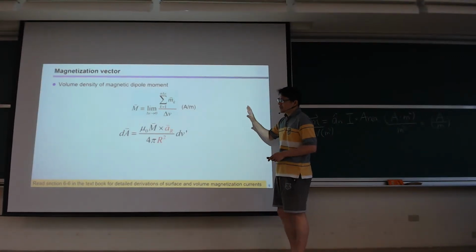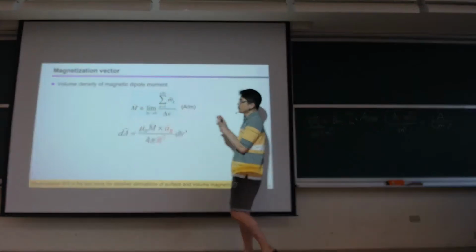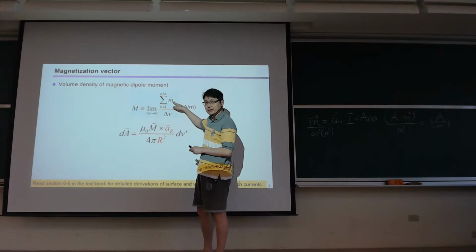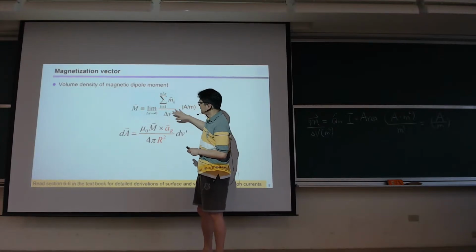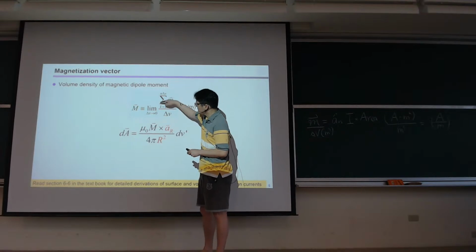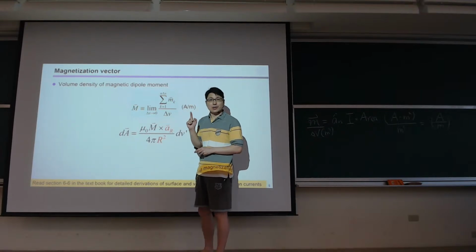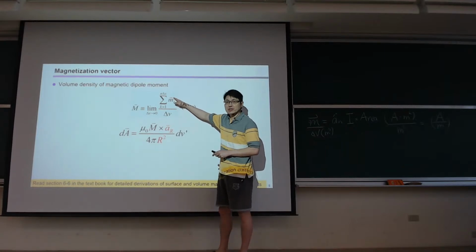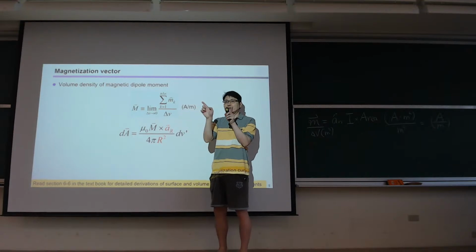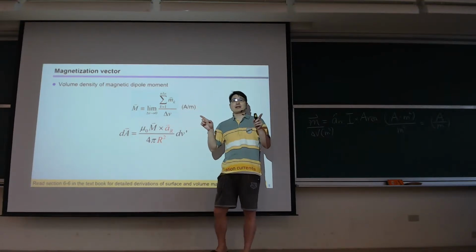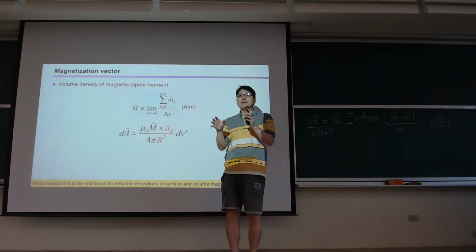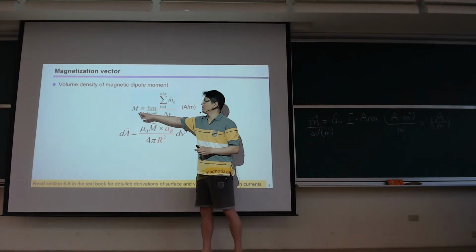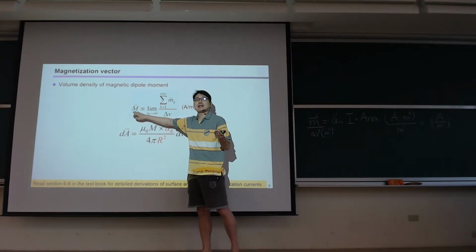Okay, so I'm not going into the details, but once we have the induced magnetic dipole moments in a certain material, if all of this vector sum does not go to zero, remember, all the magnetic dipole moments are vectors. So you can have lots and lots of induced magnetic dipole moments, but if in the end all the summations of the vectors go to zero, then it's not a magnetic material.